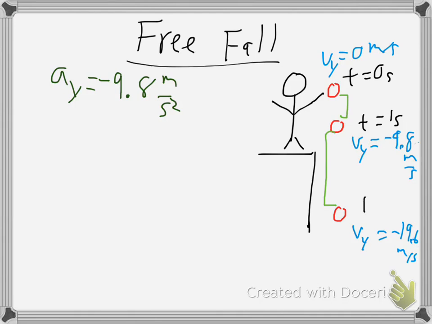But it's going to move a larger vertical distance here, because it's moving faster. Okay, so that's sometimes something that people confuse. A lot of times people confuse uniform acceleration and uniform velocity. Very, very different.